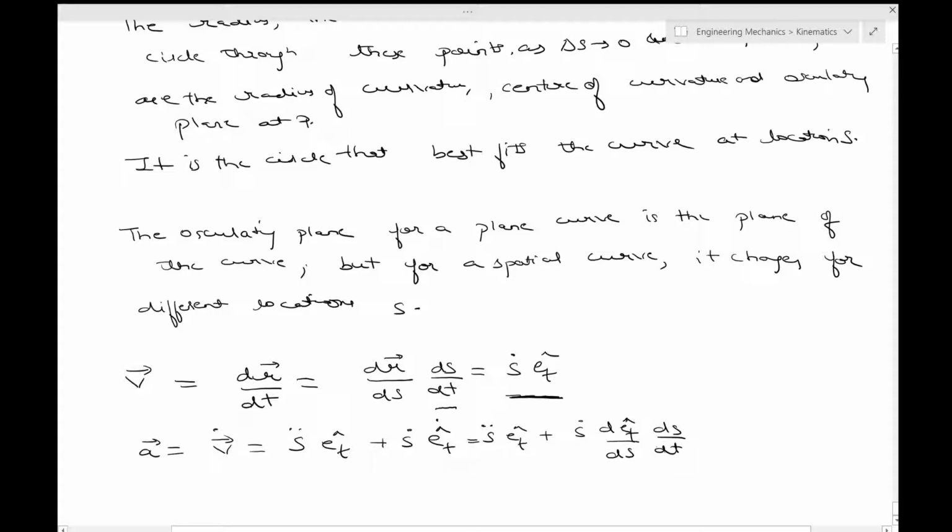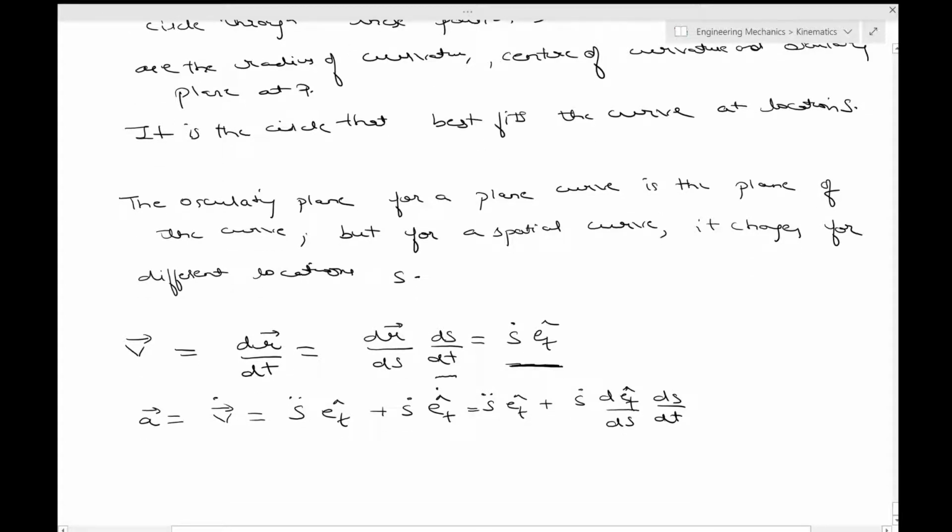This can be written as s double dot et hat plus s dot whole square into det by ds, because this is also s dot.